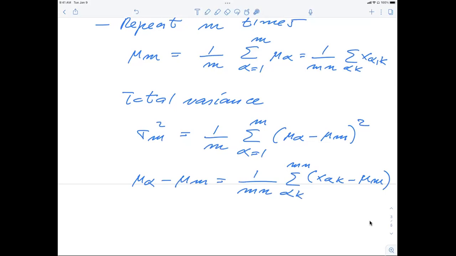So when I sum over this quantity here, I can just put it outside, which means that this sums up to m and n, and you divide by m and n. So then I'm just back with mu of m. And the quantity which you see first here is actually the way we define this mu of alpha. Sorry, that was not correct here, because the mu of alpha is just given by one of these experiments. So I should not have a sum here. I should just have a sum over k here.